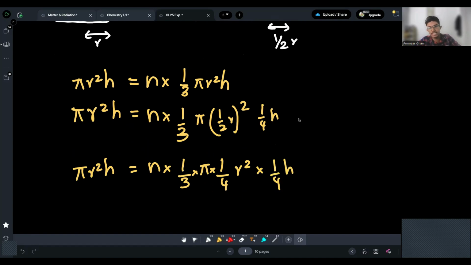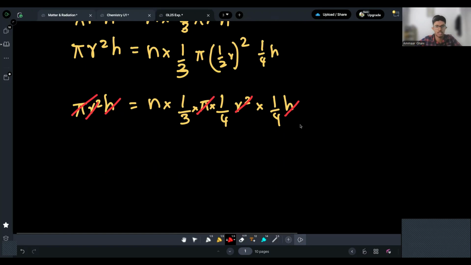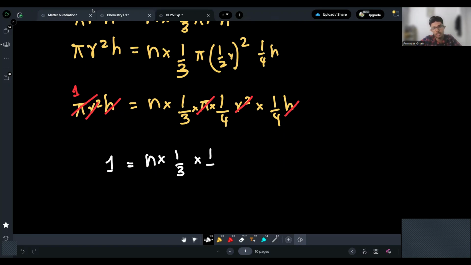So you can simply next cut down pi r squared h. So the remaining balance on this side is going to be 1. So next you can write 1 equals n into 1/3 into 1/4 into 1/4, which is going to be 1 equals n into 1/48.